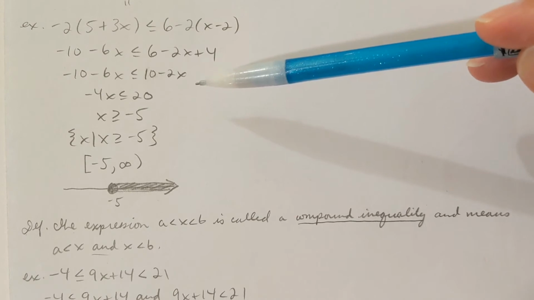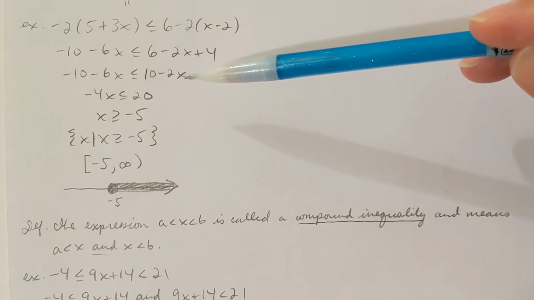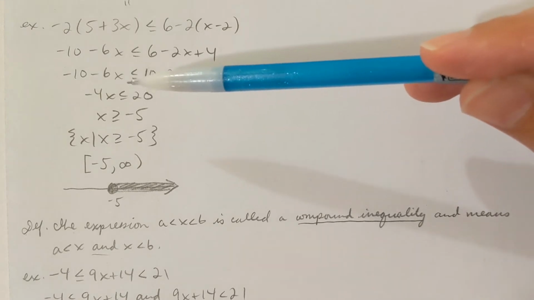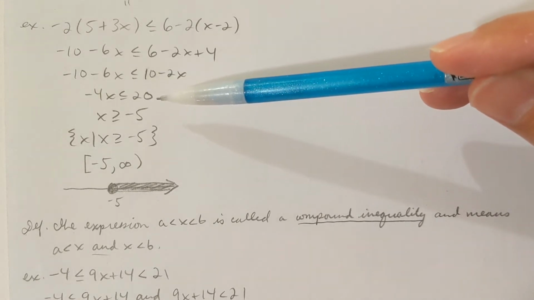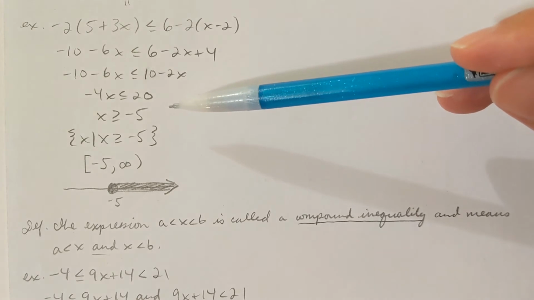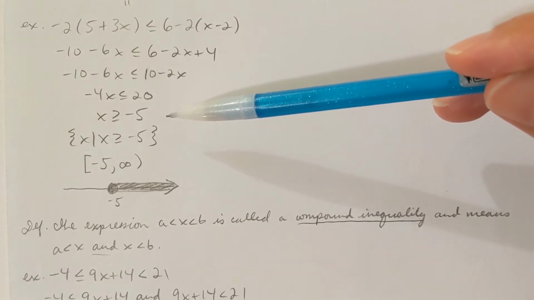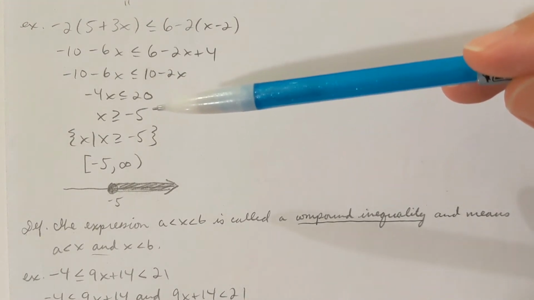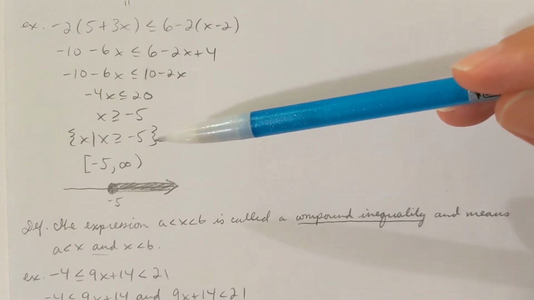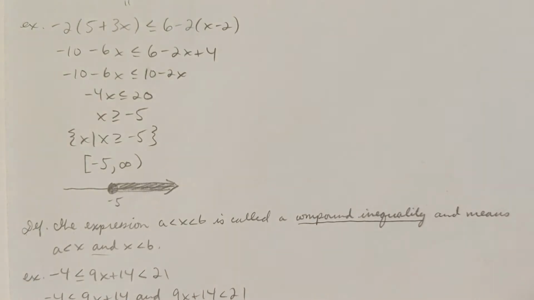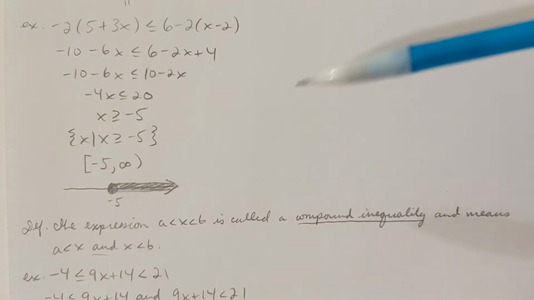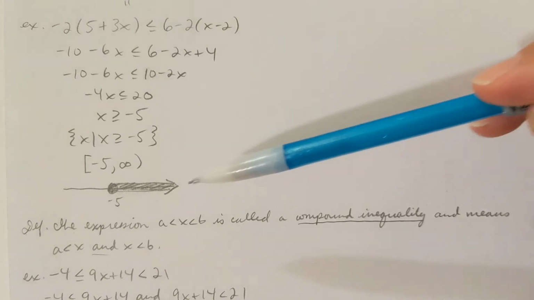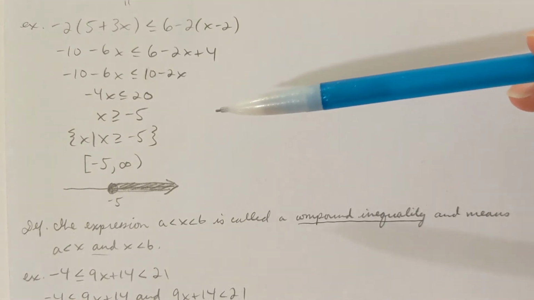Okay, 6 plus 4 is 10. If I add 10 to both sides and I add 2x to both sides, -4x is less than or equal to 20. And if I divide both sides by -4, because I'm dividing by a negative, I need to flip the sign. So x is greater than or equal to -5. The set of all x such that x is greater than or equal to -5, or -5 to infinity, make sure that's a bracket by -5, and you've got a closed circle there.